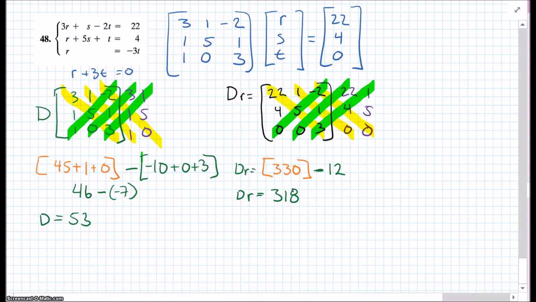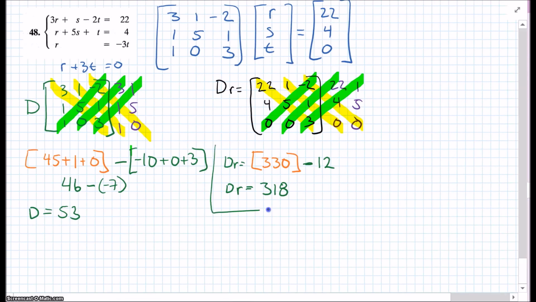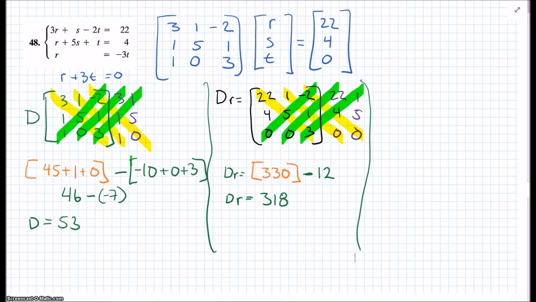Okay. So I found D sub r. I found D. I need to find D sub s and D sub t. For sake of space, I'm going to go up a little bit.